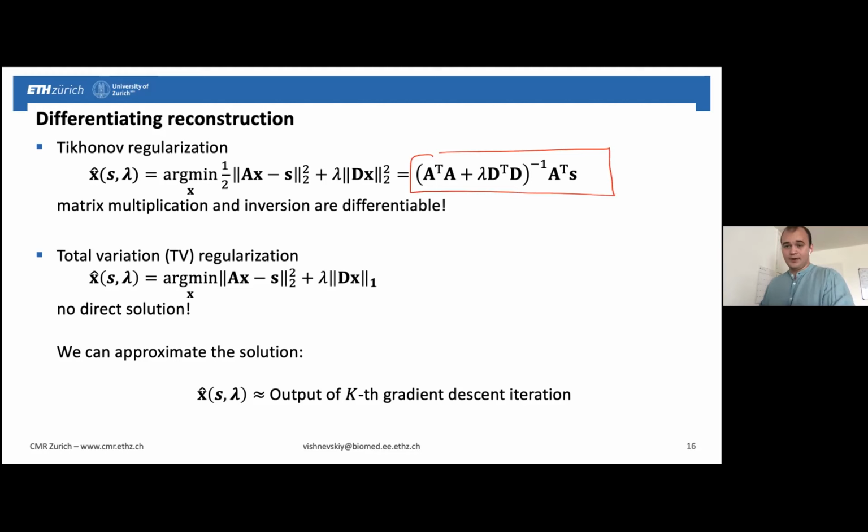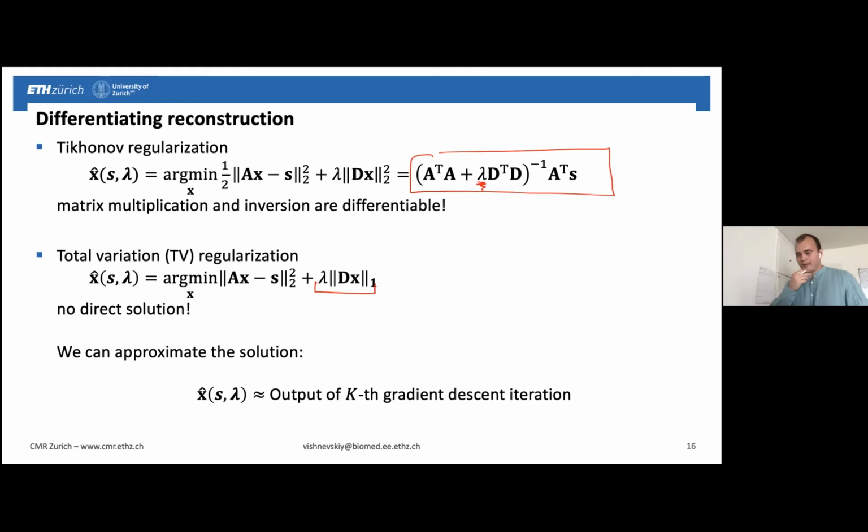So for standard L2 regularization, we can compute the gradients with respect to the regularization parameter in a straightforward manner. It's all implemented in autograd tools like PyTorch or TensorFlow. However, for total variation regularization, where we take the L1 norm of the gradients, there is no closed form solution. We have to use iterative methods to find one.